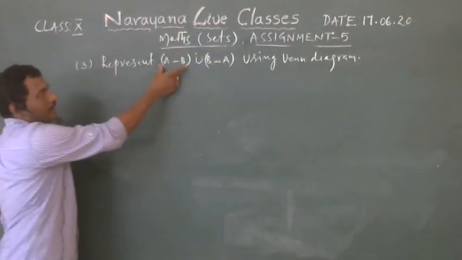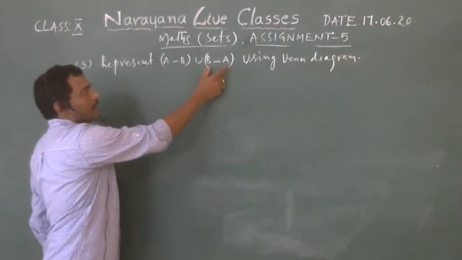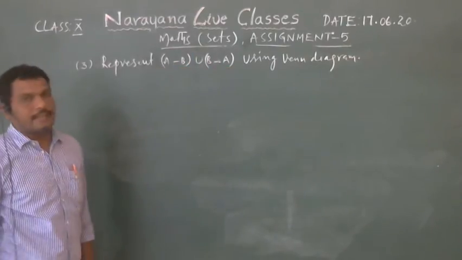Represent A minus B union B minus A using a Venn diagram.